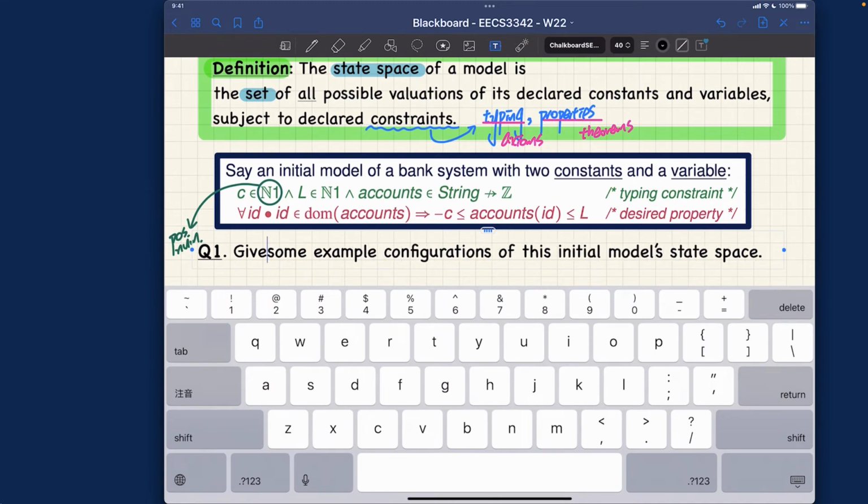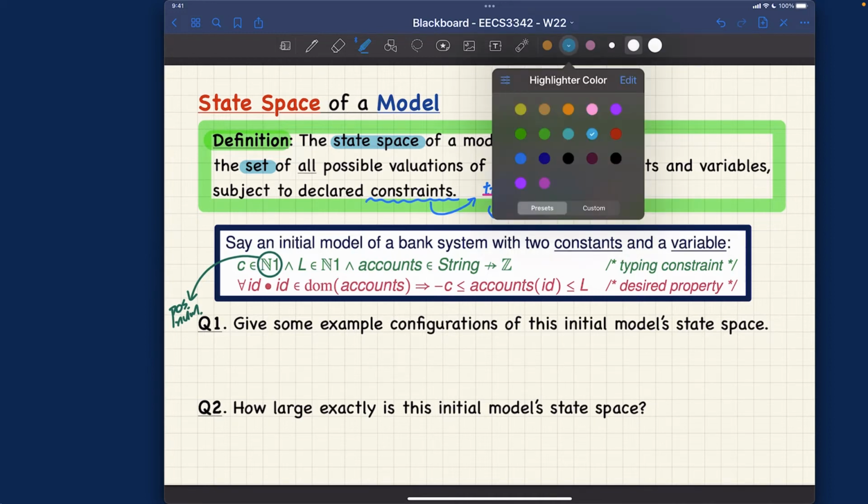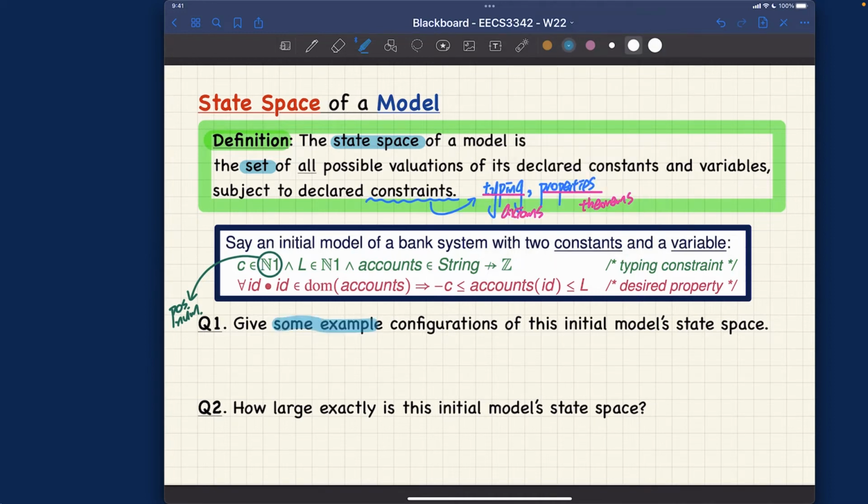I want you to give some example configurations of this initial model's state space, right? What I want is not to enumerate all the possible configurations. What I want you to do is give me some examples. Right? You can now pause the video and think about it.